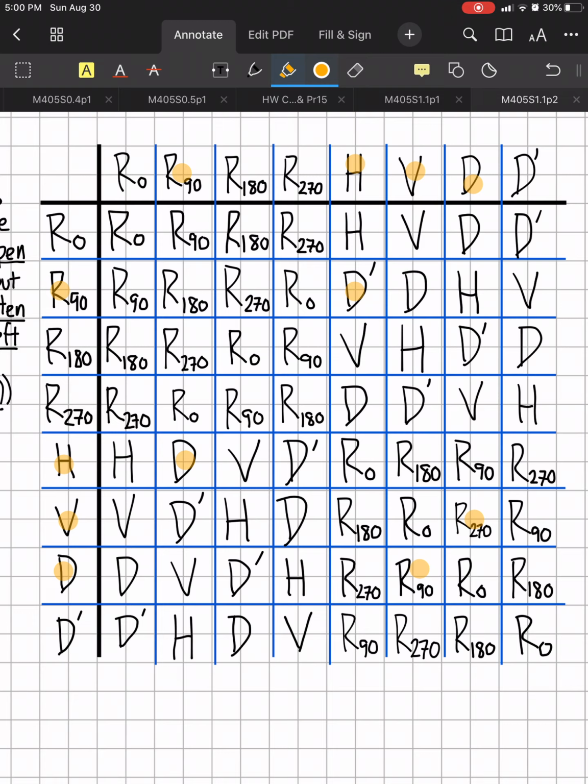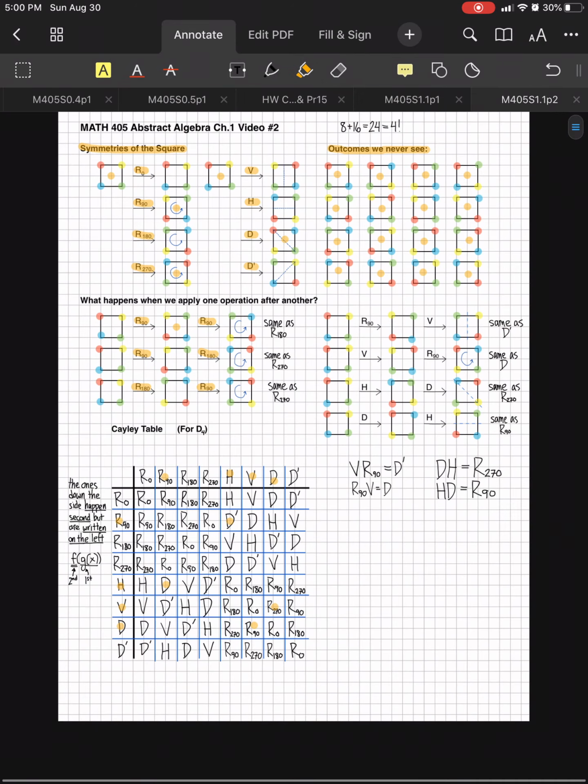So order does matter when we are dealing with flips, at least most flips. As we saw, sometimes order still doesn't matter, but a lot of times it does. So that is something to notice about this.